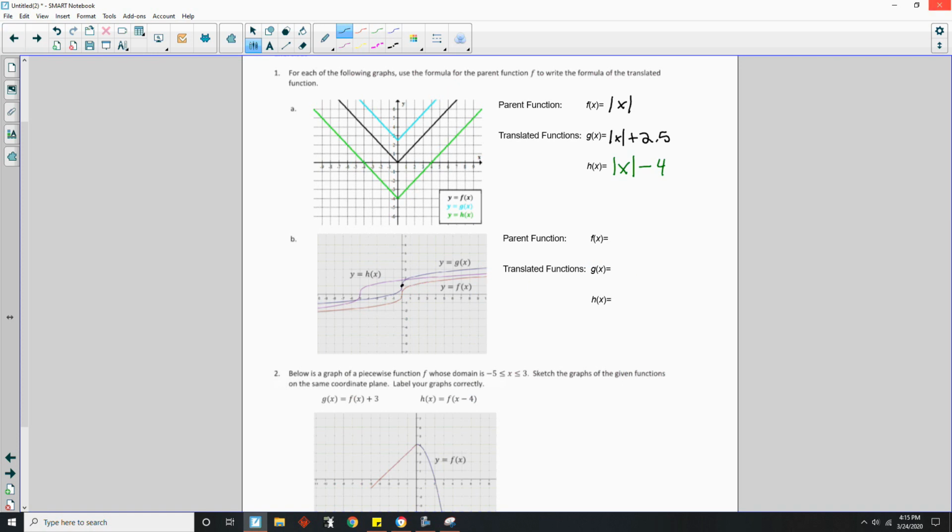And cube root functions, so the cube root of 0 is 0, the cube root of 1 is 1, the cube root of 9 is 3, the cube root of negative 9 is negative 3. Okay, so this is the cube root of x.